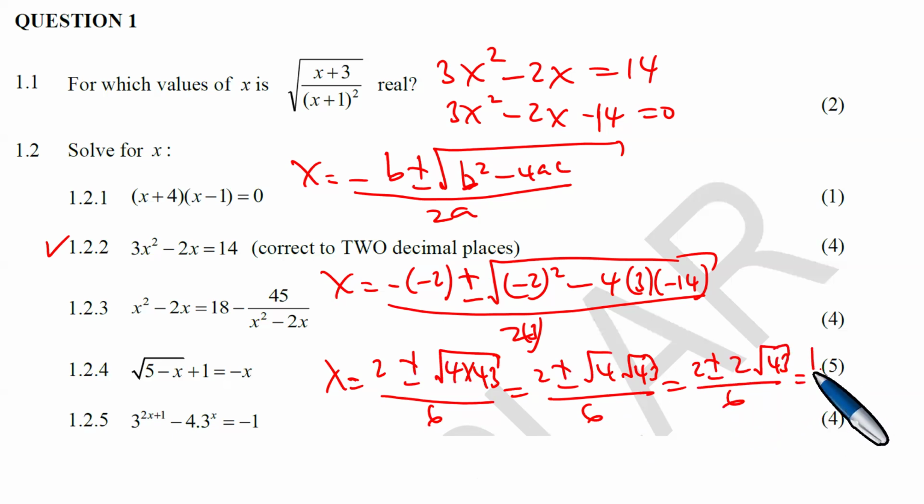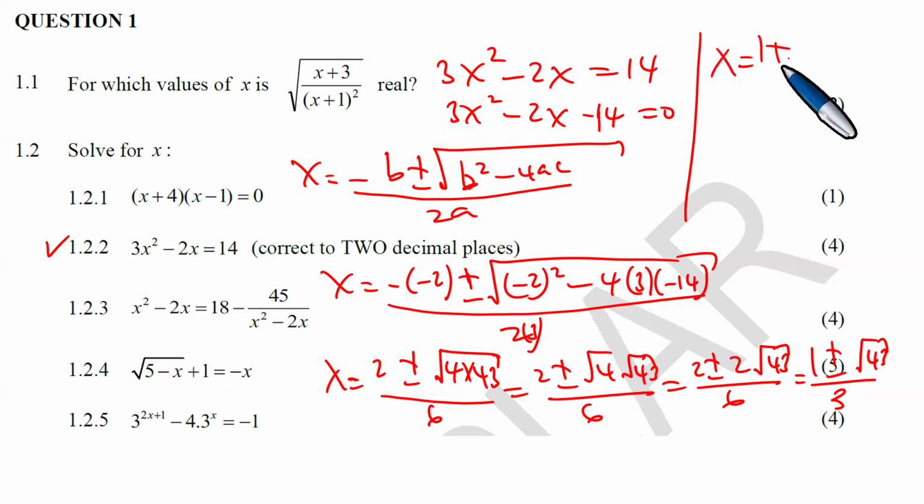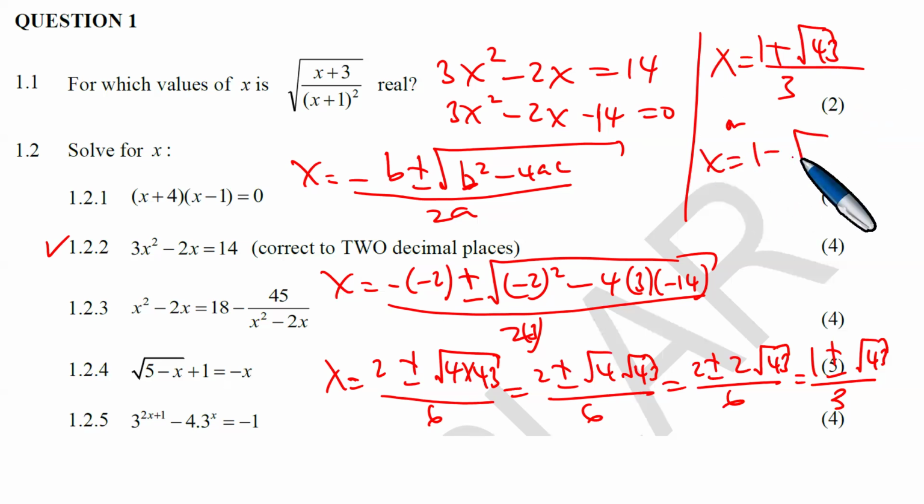And this you divide by 2, which is 1 plus or minus the square root of 43 over 3, so x is 1 plus the square root of 43 over 3, or x is 1 minus the square root of 43 over 3.